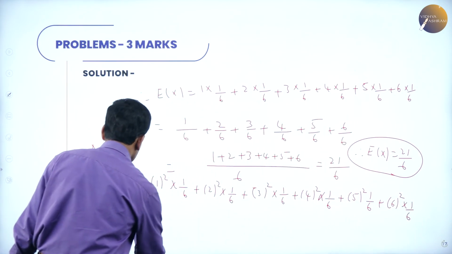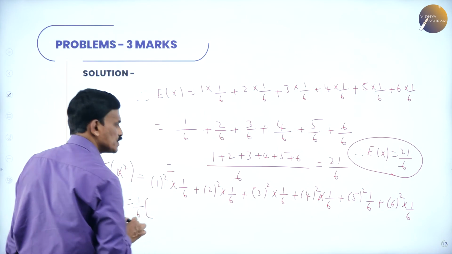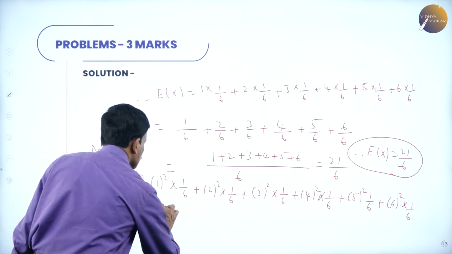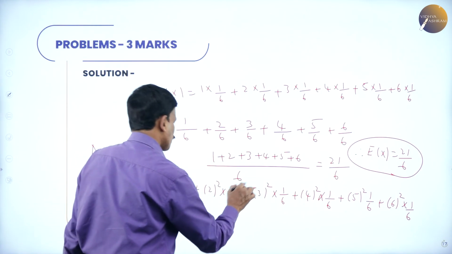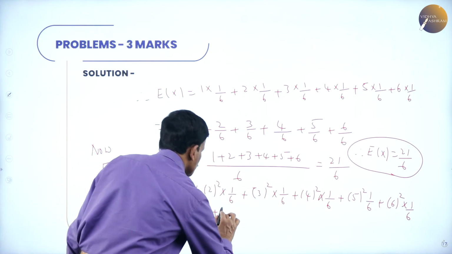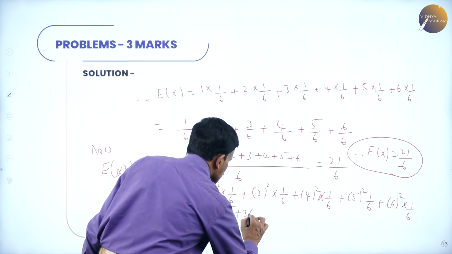So, 1 by 6 is a common factor. We can take 1 by 6 out. So, 1 square is 1 plus 2 square is 4 plus 3 square is 9 plus 4 square is 16 plus 5 square is 25 plus 6 square is 36.